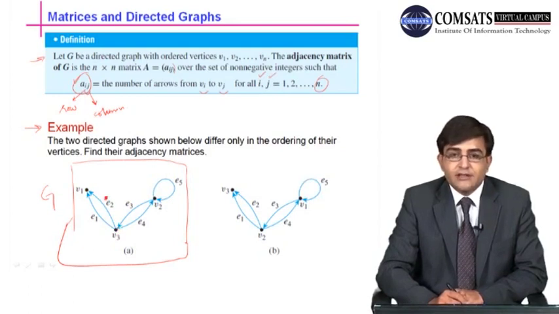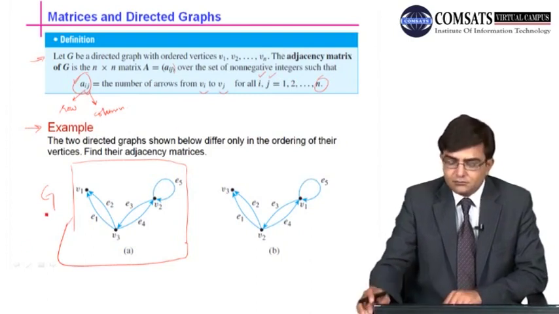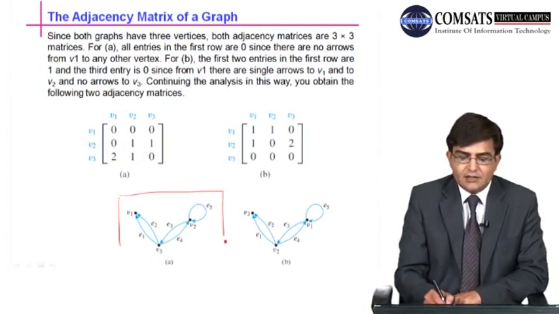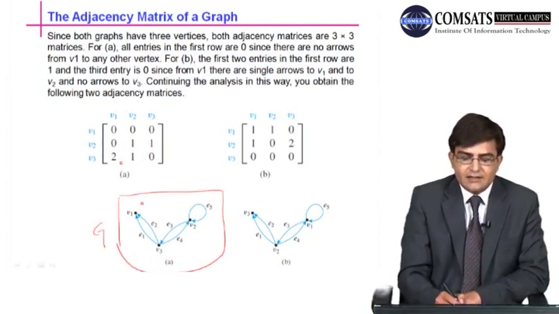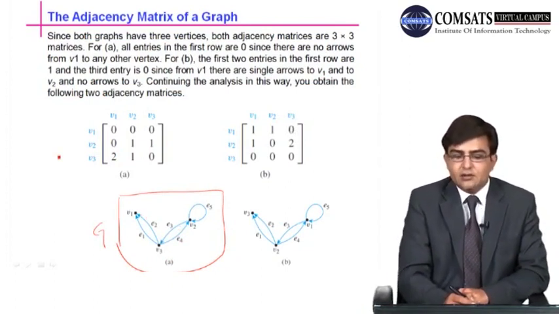So we must have n equal to 3, and i is from 1 to 3, and j is also 1 to 3, meaning there are 3 rows and 3 columns in the adjacency matrix which corresponds to this graph. In part A, we have the same graph G. There are 3 vertices, so we will have an adjacency matrix of 3 rows and 3 columns.